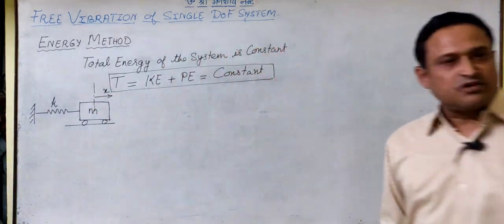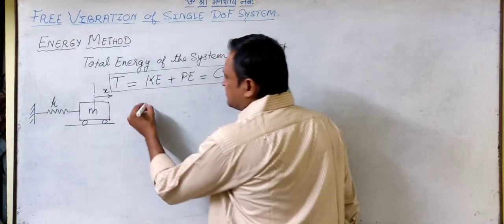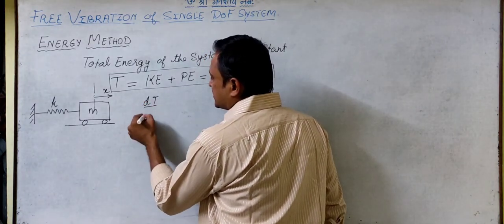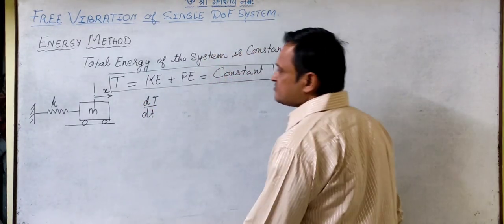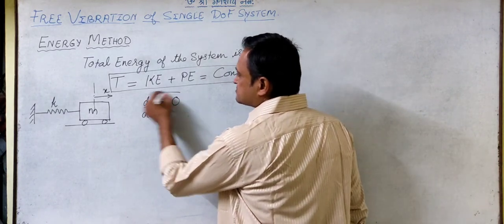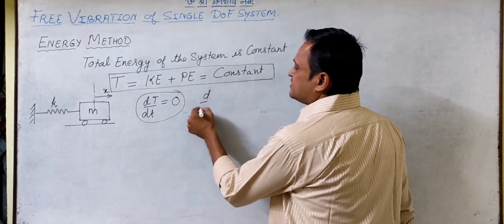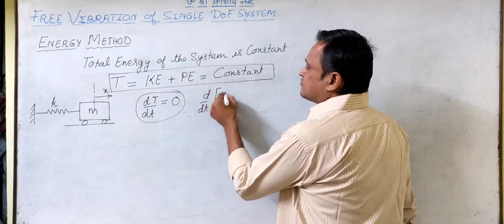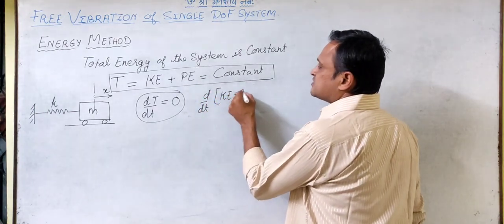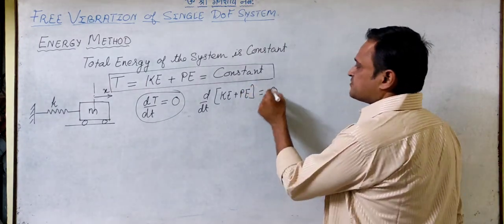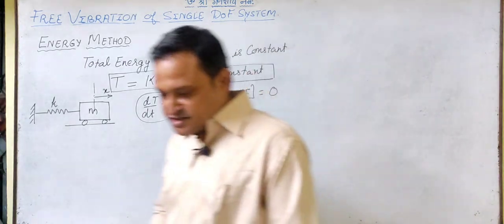So when this is constant, that means I can say d by dt of the total energy will be 0, right? Or I can say d by dt of kinetic energy plus the potential energy, as it is constant, will be 0, right?